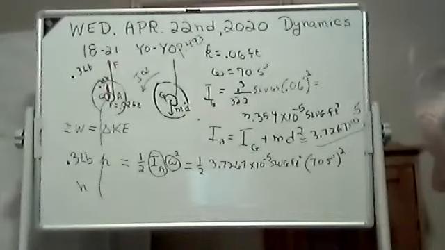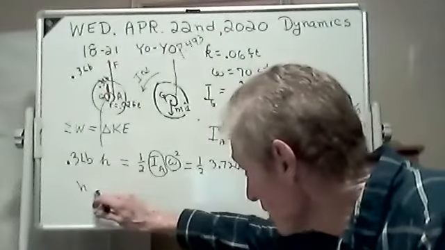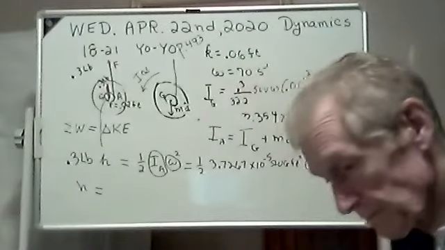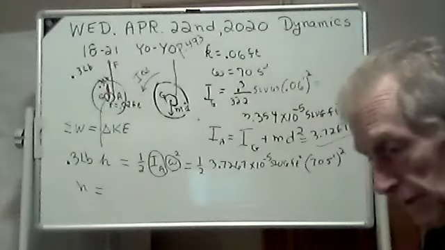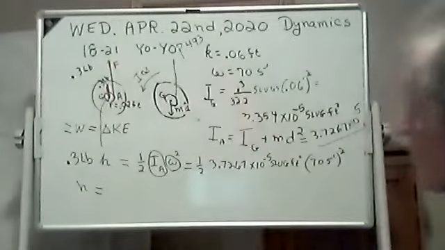Hey, look here. Here's an equation with only one unknown, and we're going to find the height now. Let me get my calculator out. We're doing the yo-yo on page 493.